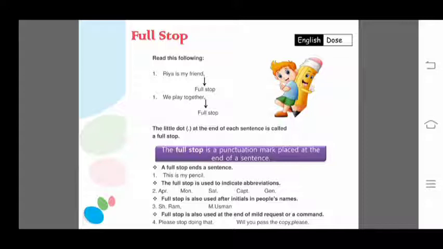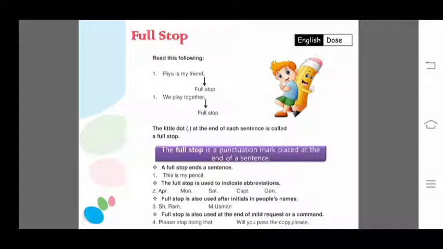The full stop is a punctuation mark placed at the end of a sentence. What does a full stop do? A full stop ends a sentence. What is the function of a full stop? Why is the full stop used?